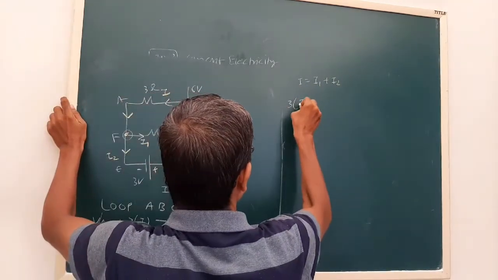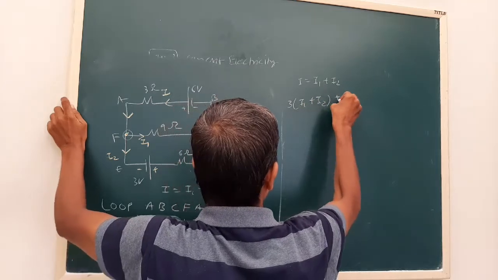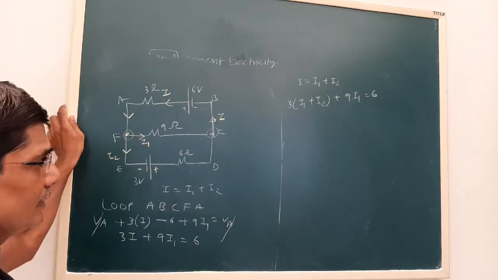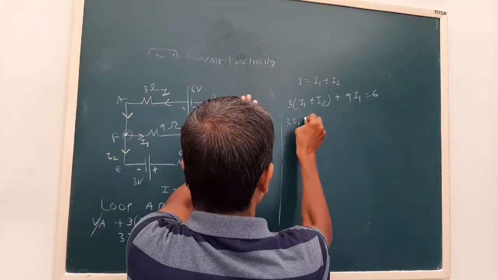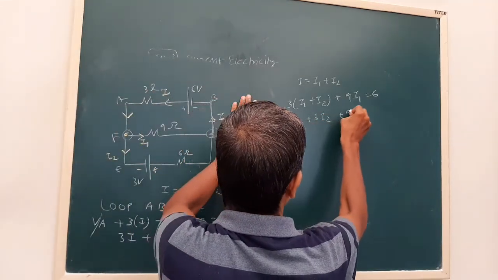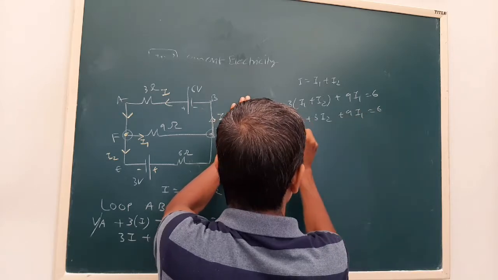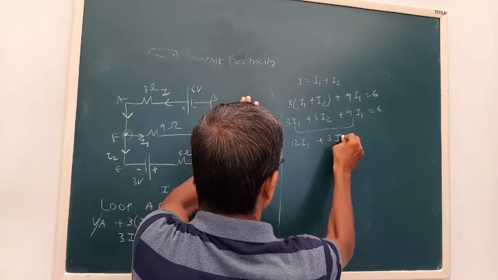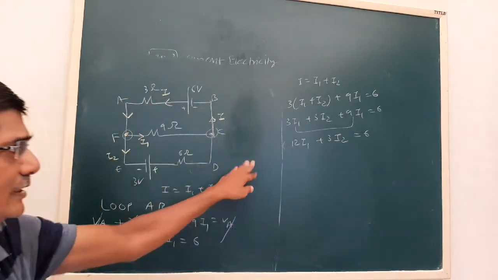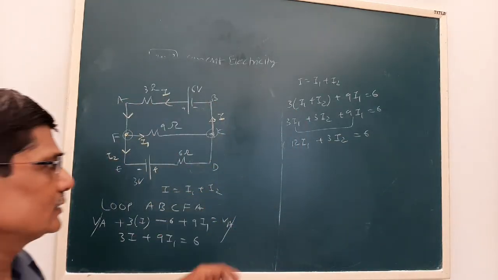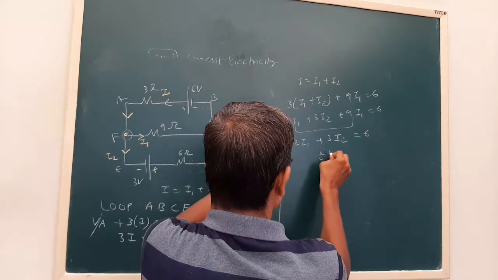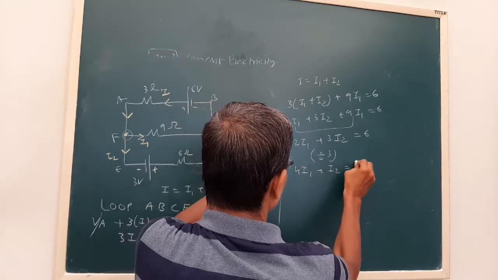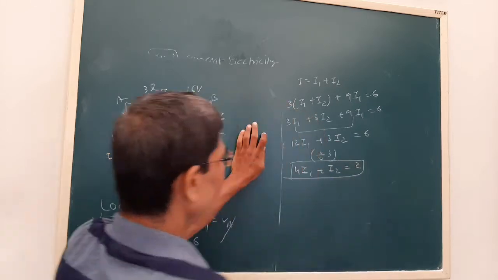That is 3 into I1 plus I2 plus 9I1 is 6. That is 3I1 plus 3I2 plus 9I1 is 6. Now 3 plus 9 is 12I1. All are multiples of 3, so we can divide by 3. So it will be 4I1 plus I2 is 2. That is the first equation.